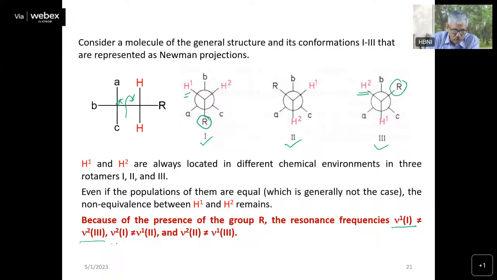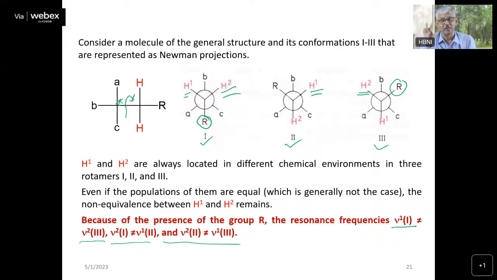Similarly, you will see H2 in 1 and H1 in 2. They are in the same position, but again you will see the R group in a different position. So in all possible conformations, even though their conformational populations are different, they never become chemically or magnetically equivalent.